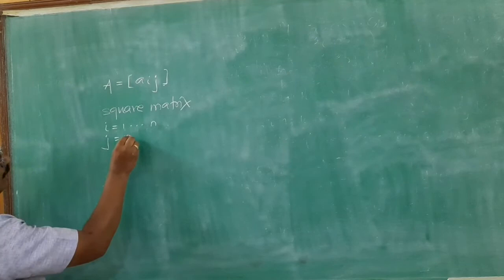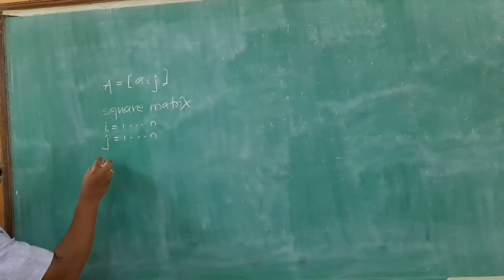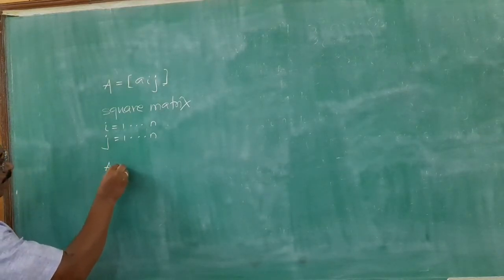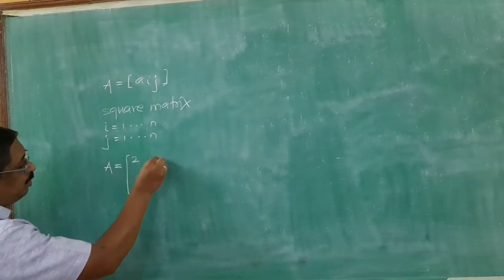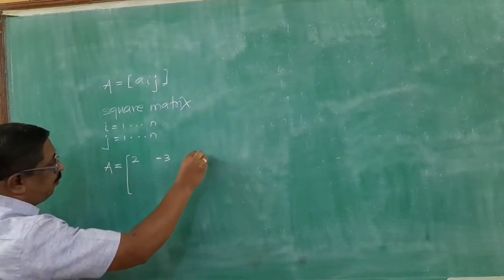Similarly, j will run from 1 to n, so that it is a square matrix of order n. For our discussion, let us choose a matrix whose order is 3 with elements 2, minus 3, 4.